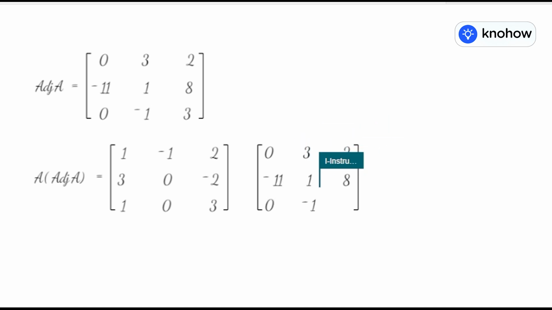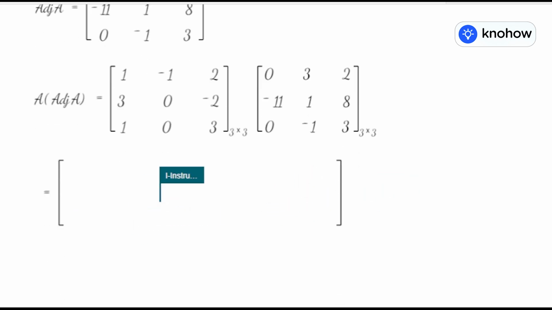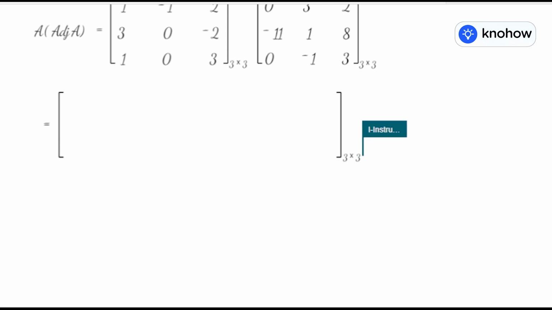Now multiply. You know how to multiply? Both these matrices are of the order 3 by 3. So the product will also be a squared matrix of order 3 by 3. And you know how to multiply, that you take the elements of the first row, multiply respectively with the elements of first column. So let me show you one or two. You get 1 into 0, 0 and minus 1 into minus 11, plus 11, and 2 into 0, 0.